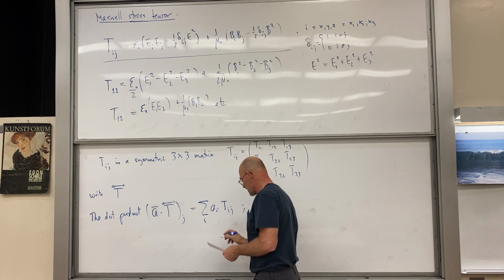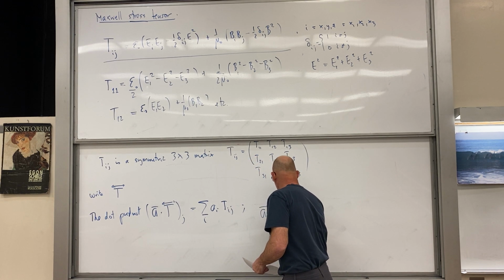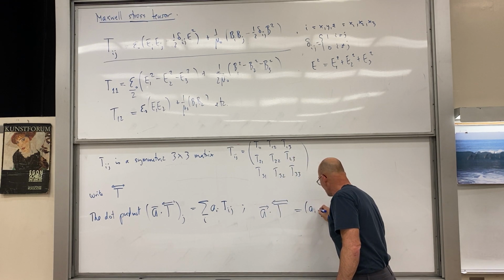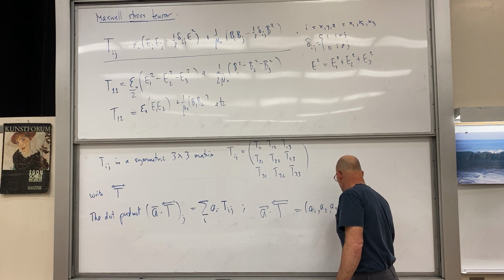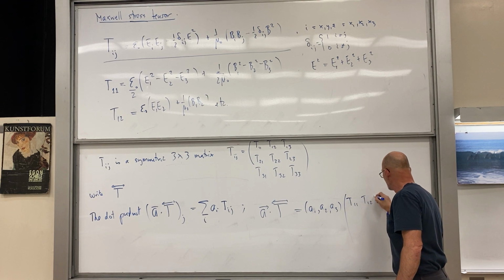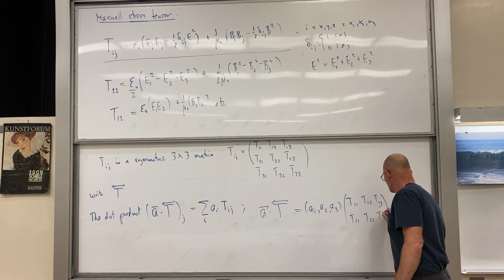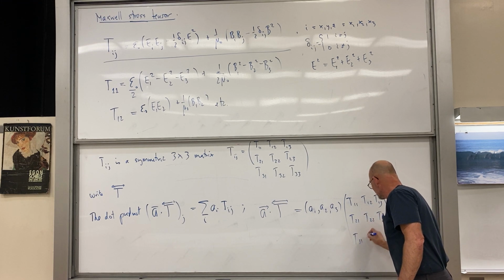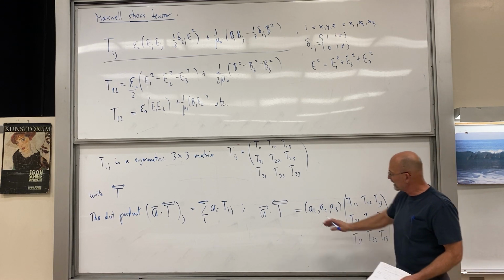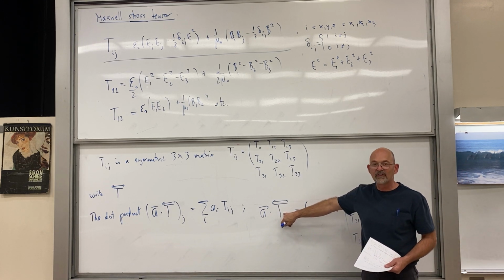I'm even going to write it out since I have it right here. So for the entire thing, you would be doing this matrix multiplication: A1, A2, A3 times T11, T12, T13, T21, T22, T23, T31, T32, T33. That's what you'd have, and you'd have to do it 3 times, and you would get, so this times this tensor is a vector.